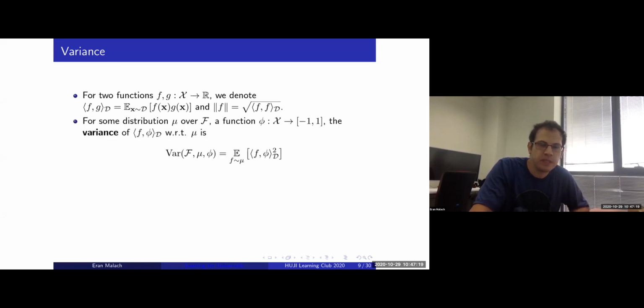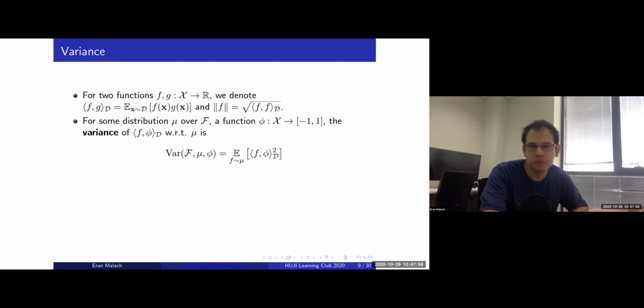Fix some distribution. I always have in mind this target class F, and in our case we think of F as neural networks for now. For some distribution mu over the target class F, so some distribution over neural networks, and some function phi, we define the variance of F with respect to mu and phi to be the average variance of the inner product between f and phi.